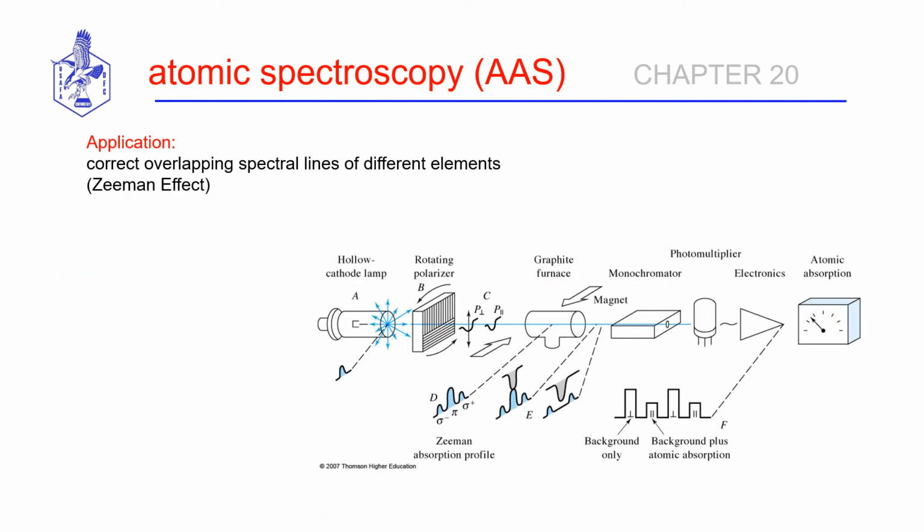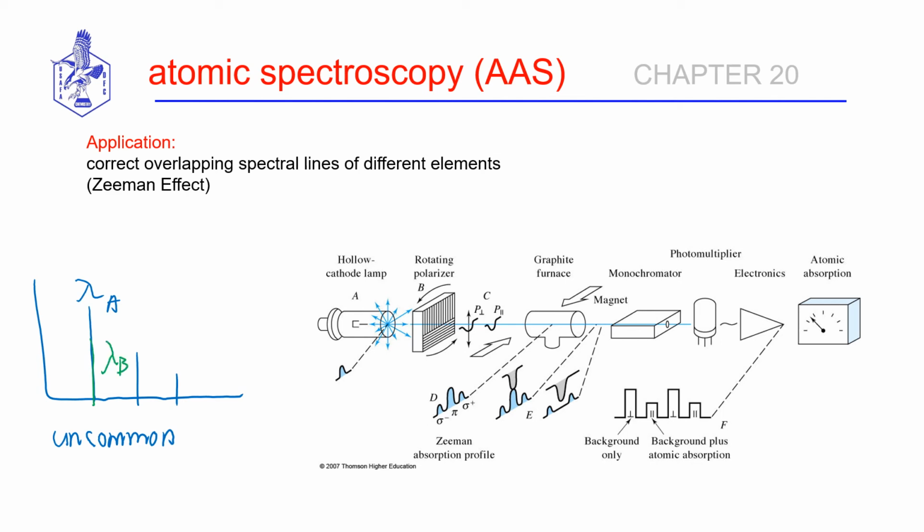Another potential interference is overlapping characteristic wavelengths from different elements. This is very uncommon because they are so narrow. The absorption bands in line spectra are so narrow, it's very uncommon to have two elements that overlap, that is, that give rise to an absorption at the exact same wavelength.